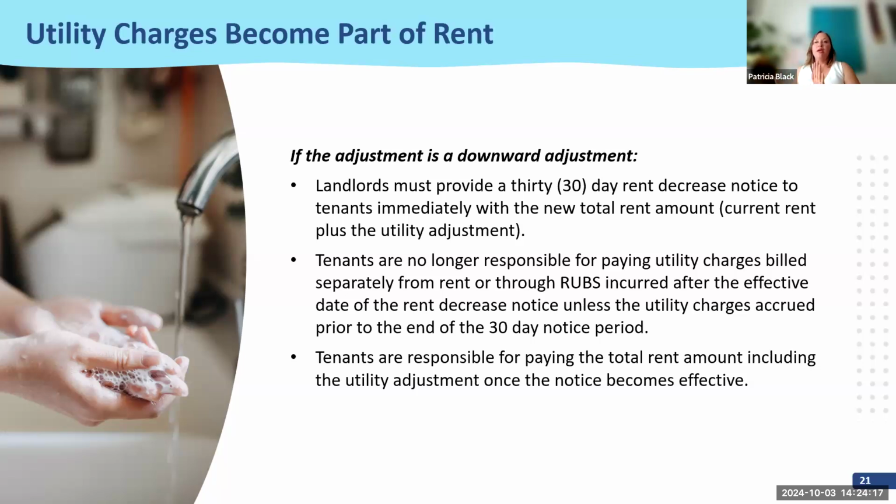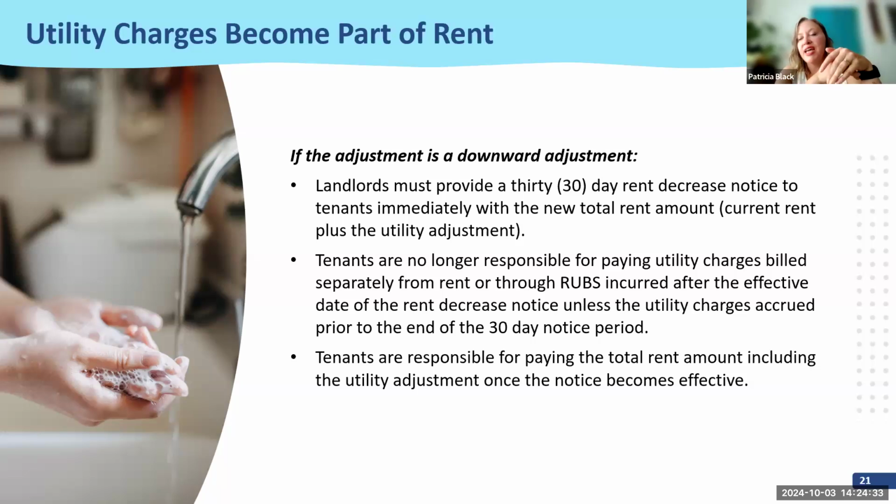So we know that the way that properties are billed through RUBS usually means that the tenant will receive a bill, typically 2 months after the charges have been incurred.